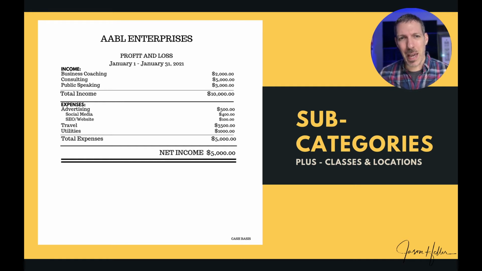So we can add classes to our transactions to help us break it down even further. So perhaps we're tracking consulting that we've done for universities and for public schools, for example, and we could run a profit and loss by class report to get a further breakdown on our income and expenses.